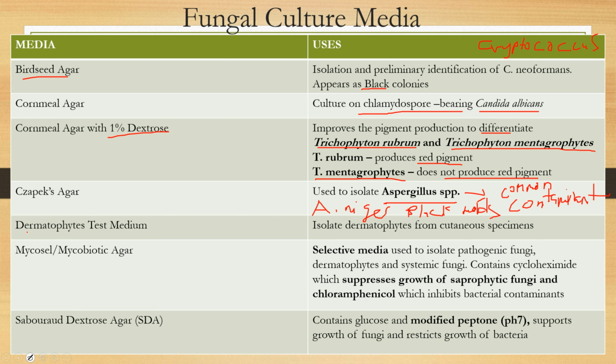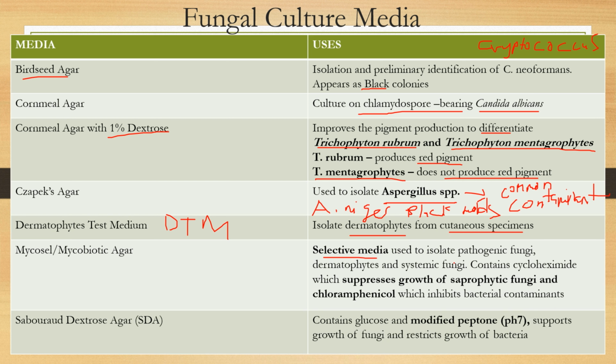Then we have your DTM or the dermatophyte test medium, usually used to isolate dermatophytes. In the next lesson, you will learn about dermatophytes, class. So it is used for isolating dermatophytes from cutaneous specimens. Then we have your mycosel or mycobiotic agar. Mycosel or mycobiotic agar, class, are selective.